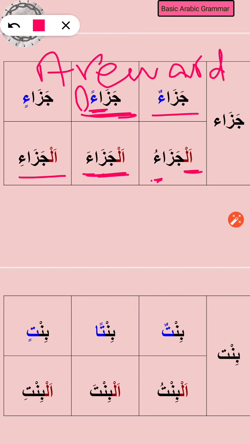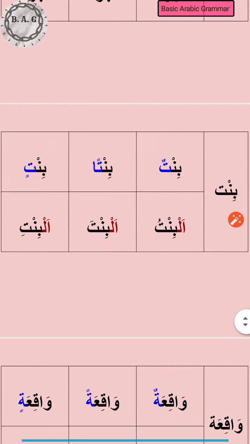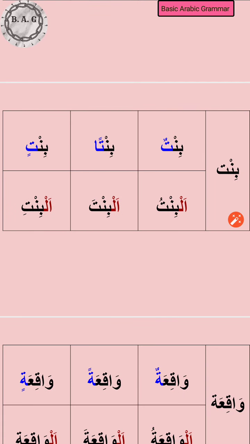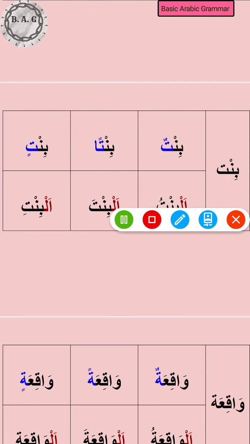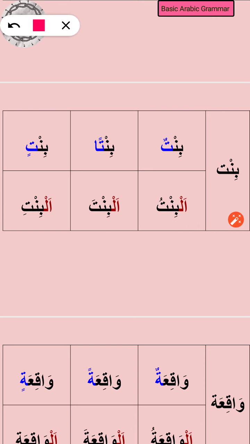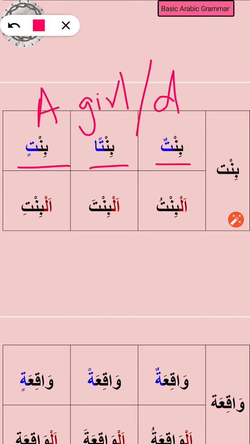All right. Next we have bintun, which means a girl or a daughter. So bintun, bintan, bintin, a daughter or a girl. Just excuse this, but there wasn't any space over here, so I contracted it.